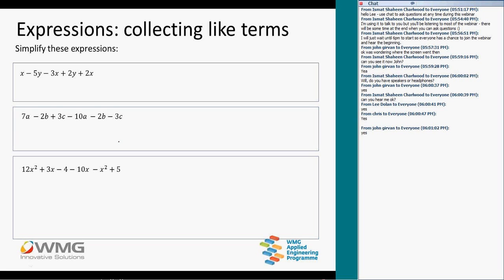When we say like terms, we mean terms that are separated by pluses and minuses. We consider this to be a term, for instance. If I see the variable x here, then every other term containing that variable is what we call a like term.